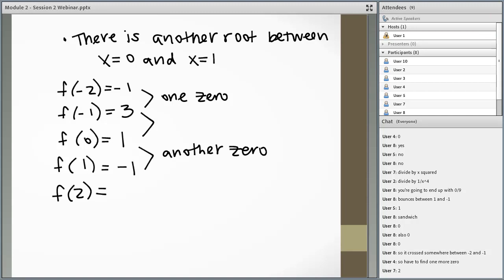Now I can check f of 2. When I plug in 2 for the original function, I get 3. So the graph has gone from negative 1 to 3, which means, again, it had to cross the x-axis somewhere between 1 and 2.